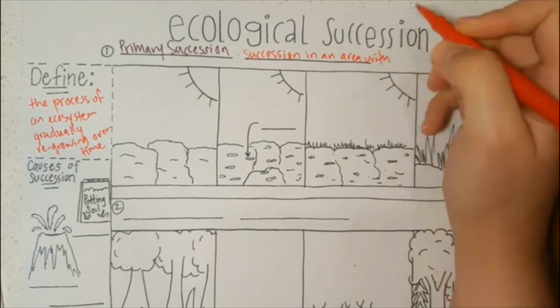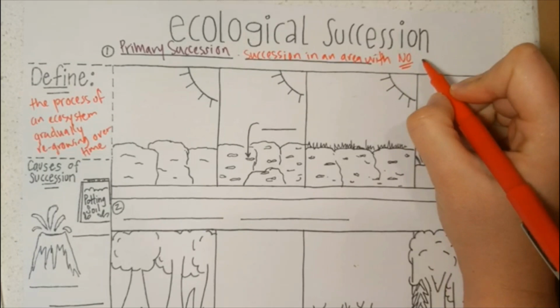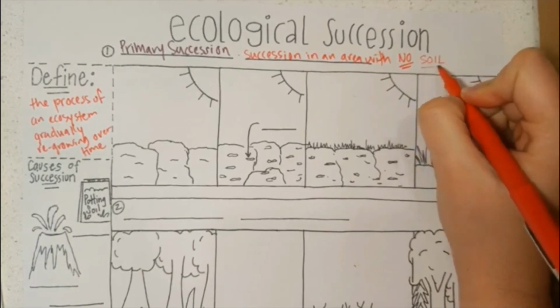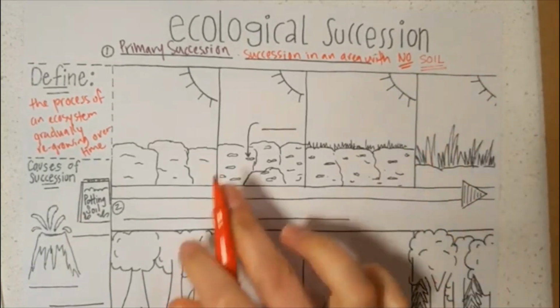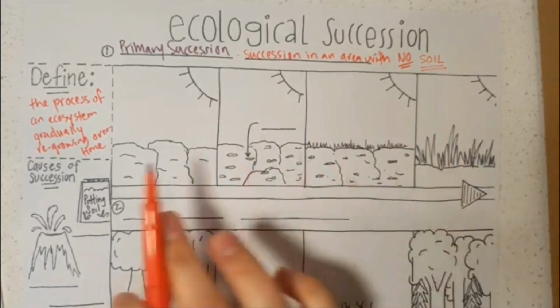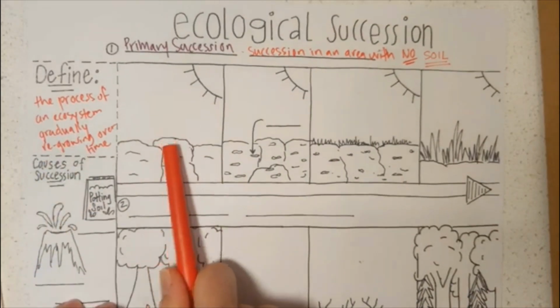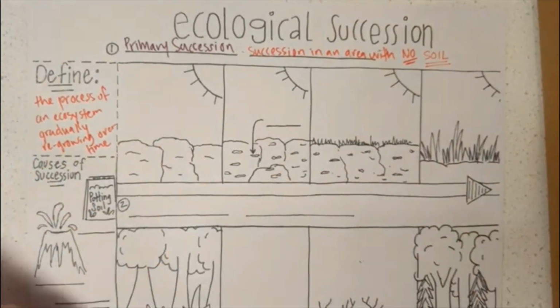And I'm going to write no soil in all caps to really emphasize that fact. So succession in an area with no soil. So basically the ecosystem is regrowing, but it's regrowing from nothing, from just bare rock. Here is our little timeline. We are going to fill in information on each of these pieces.